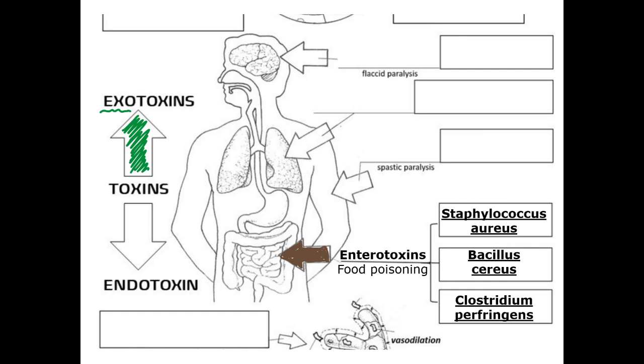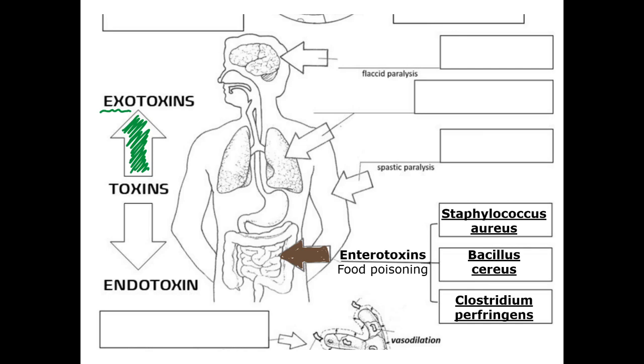Both Bacillus cereus and Clostridium perfringens are gram-positive spore-forming rods. So the reservoir for these two is going to be the environment.